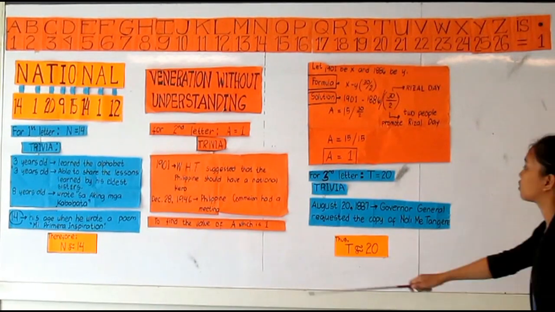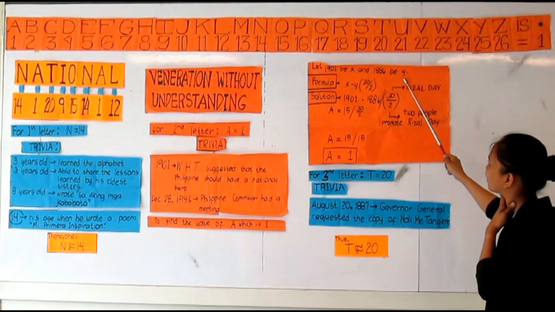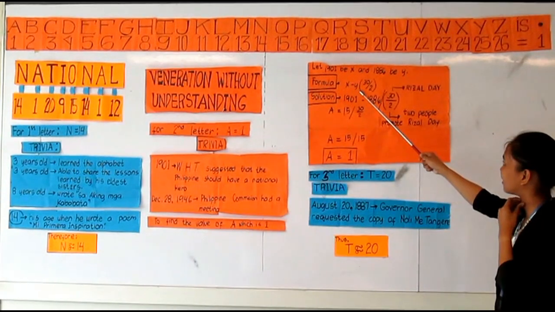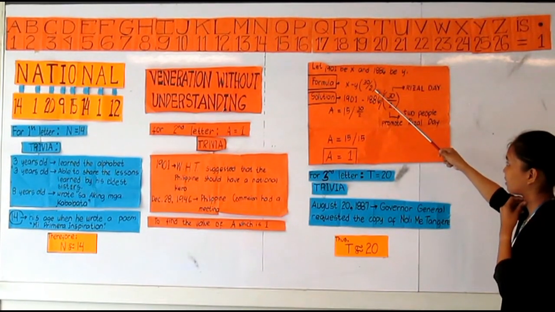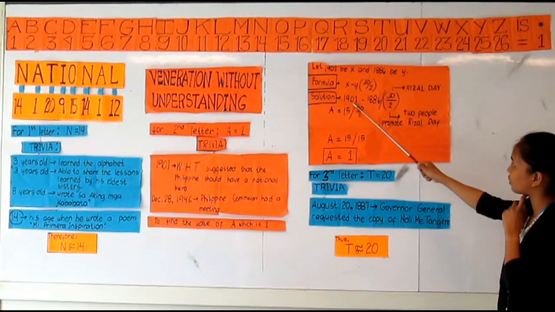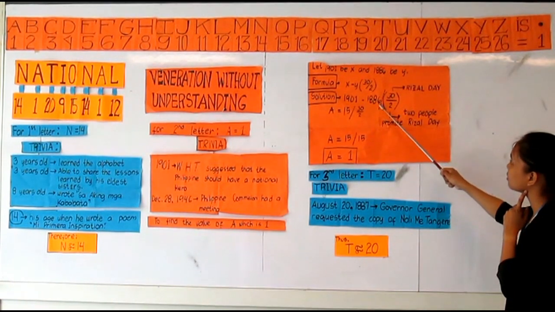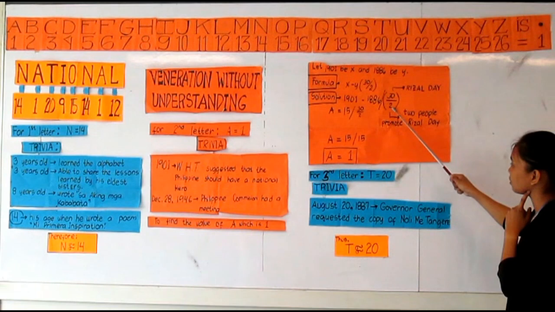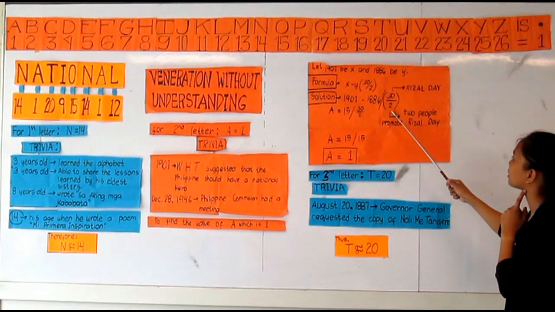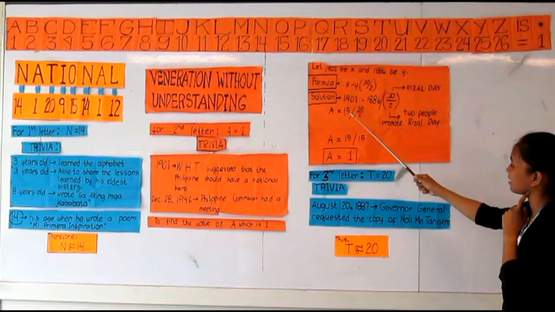So to get the value of A, let X be 1901. Let 1886 be Y. Formula: X minus Y over 30 over 2. Solution: substitute 1901 to X and 1886 to Y. 1901 minus 1886 divided by 30 over 2. 30 divided by 2 is 15, and 1901 minus 1886 is also 15.